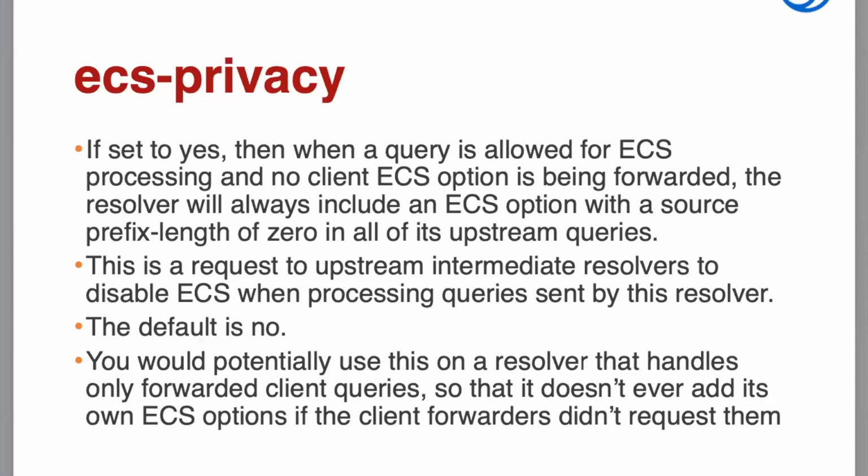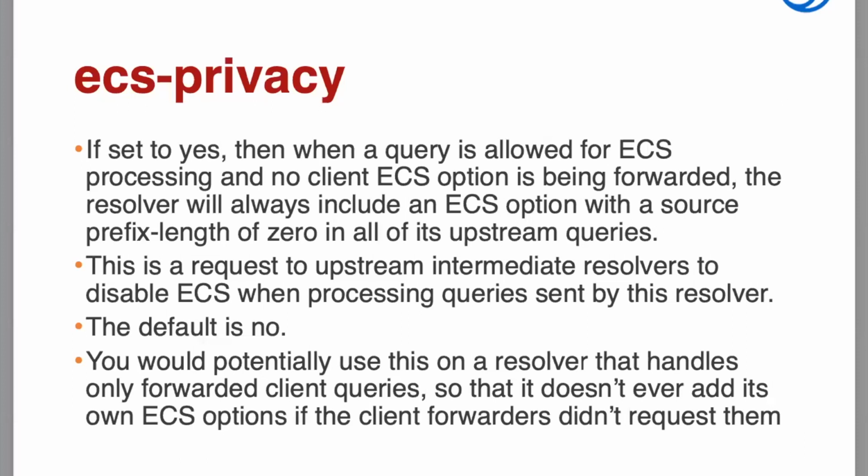We're not using what the client has sent. What it's saying is, no, we're not going to do ECS. So it took me a while to get my head around this. Why would we say we wanted to do ECS per ECS zones, but then say, no, we don't want to do ECS?